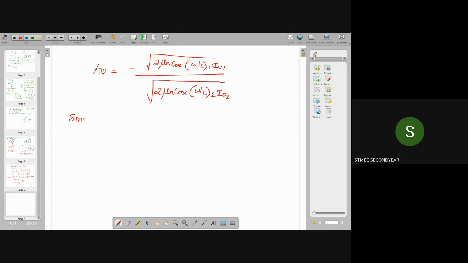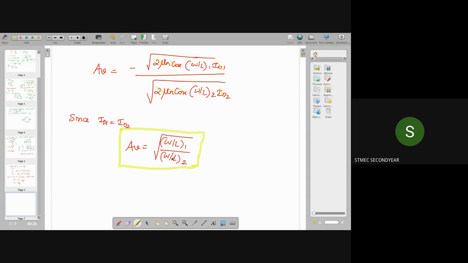And ID1 will be equal to ID2, so the terms inside the roots cancel, and ID1 equal to ID2 also cancels. So we can write the expression for gain as minus root of W by L1 divided by W by L2. So this is the effective gain for the diode connected load common source amplifier.